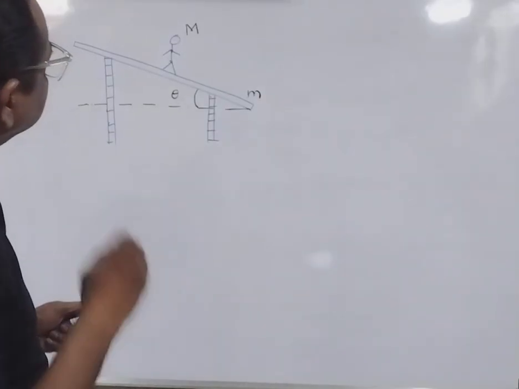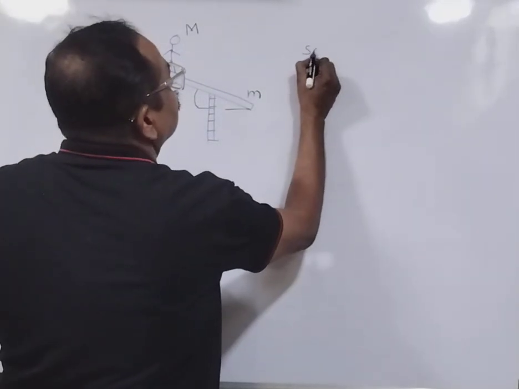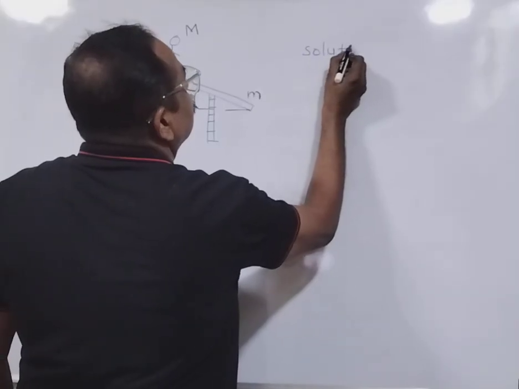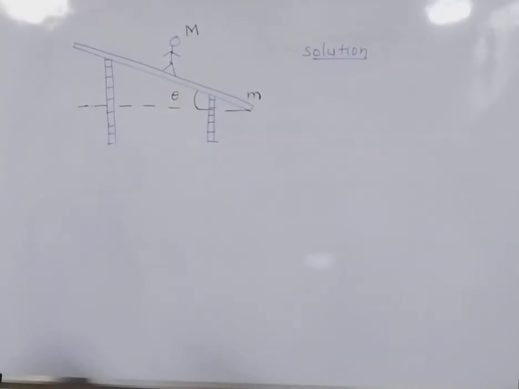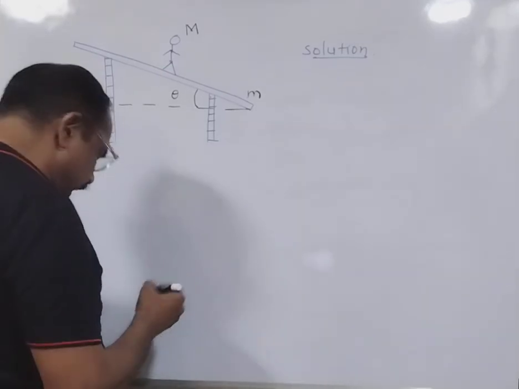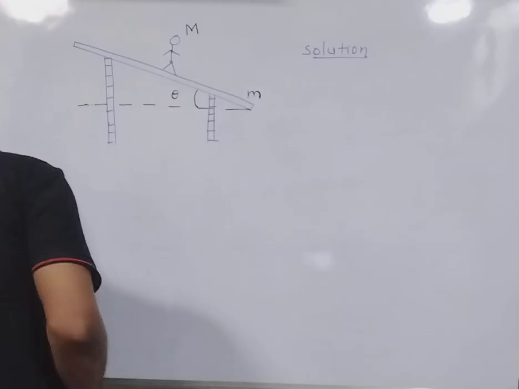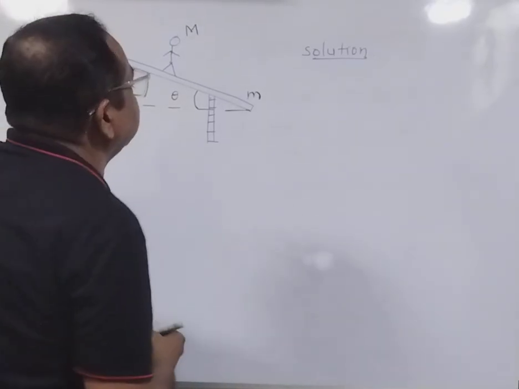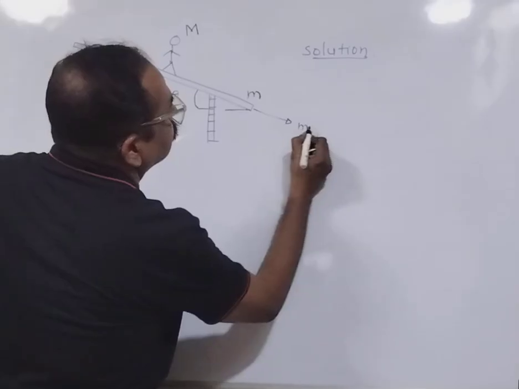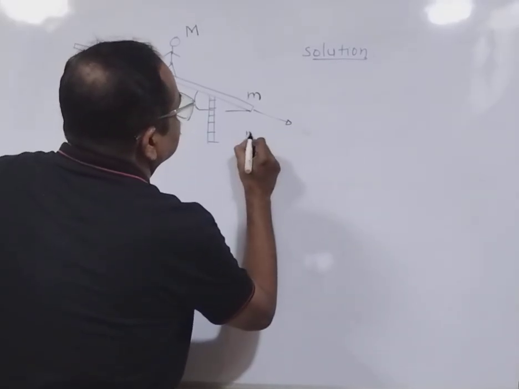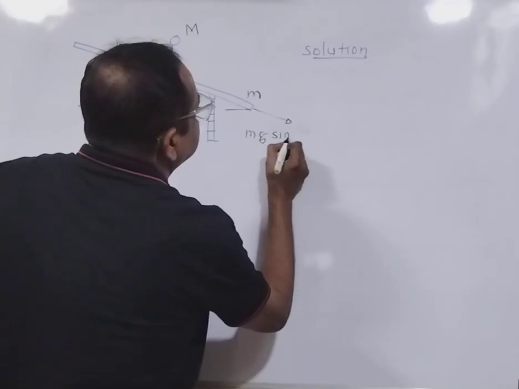So if you look at the question, let us logically think of the solution. The forces acting on the plank due to the inclined plane and gravitation: here it is mg sin theta.